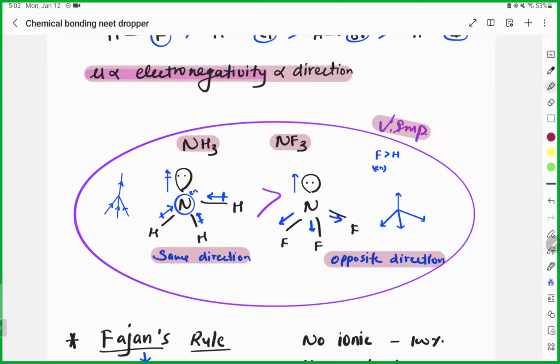Understood? So that's why the dipole moment of ammonia is more than NF3. Ammonia is greater than NF3. That is the ultimate summary and extremely important.